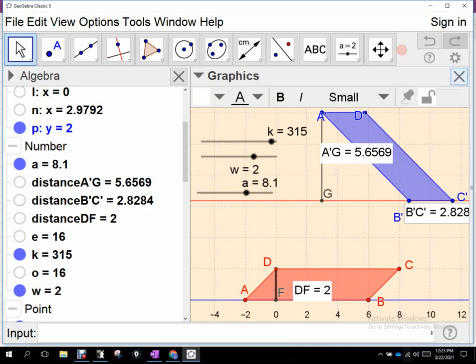Well, if that's the case, if this blue one's area is base times height, and I know from this one that the area was 16, can I put 16 here? Can I put this 2.828 number there and solve that equation for H? And that gives me my remaining altitude? Is that all right? Okay. So you'll definitely see a question in your homework like that.